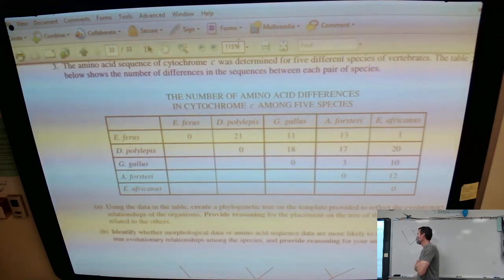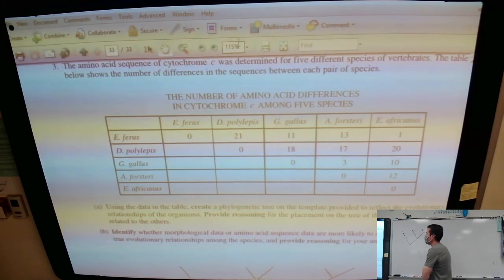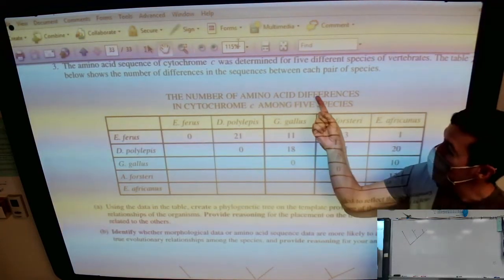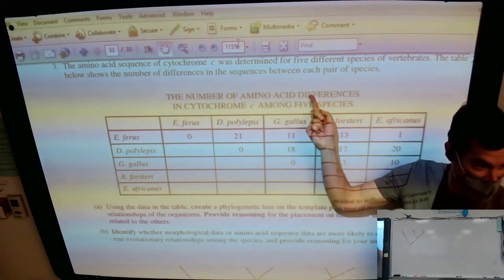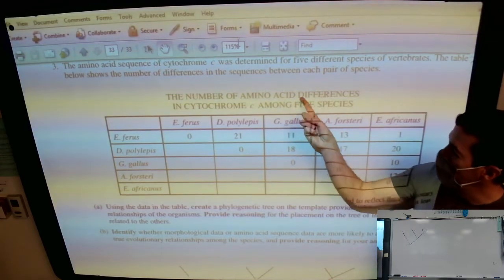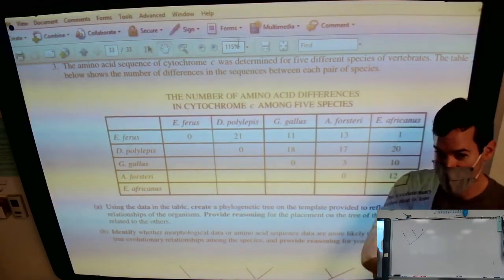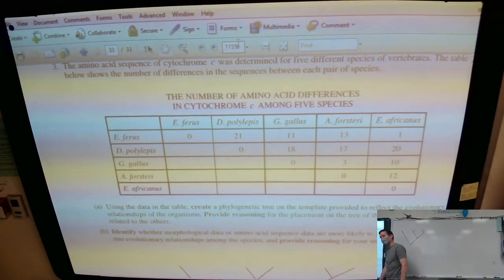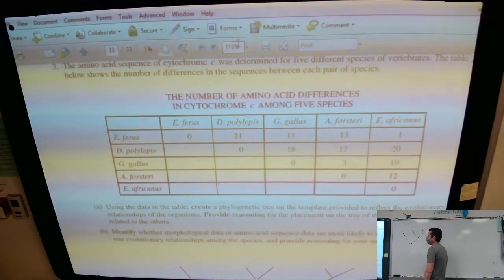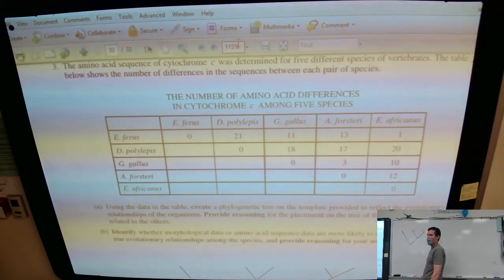All right. This says number of amino acid differences. Sometimes charts will say number of similarities, so knowing whether they're similar or different makes all the difference in the world. When I look at these, who seems to be most closely related?